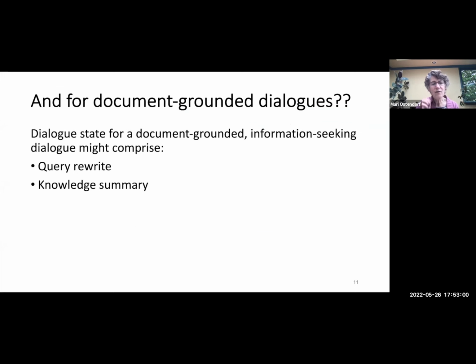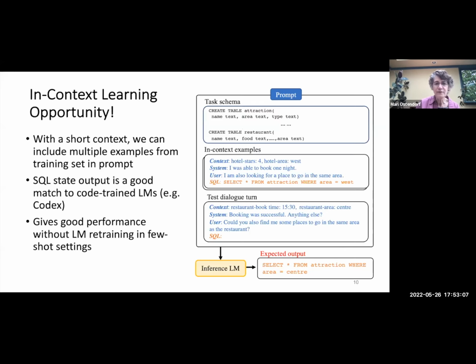Okay, now what about, I said I'm arguing for this idea of using the dialogue state instead of using the whole history. What do I do if it's knowledge grounded with documents? Okay, so it's easy to think about the dialogue state when you've got these, Hotel 4 stars, Hotel Area West.